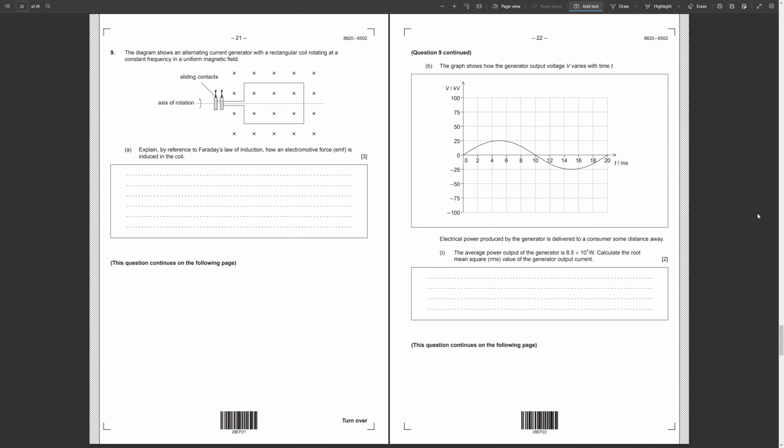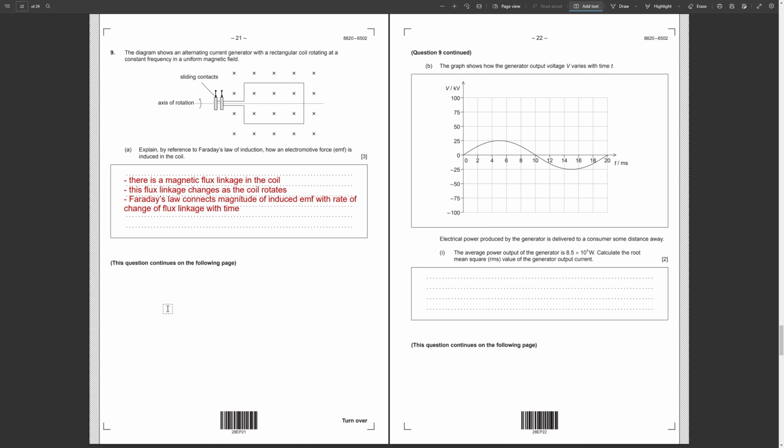In question 9, we have a coil rotating around an axis of rotation, and this spinning coil is spinning within a uniform magnetic field. In part A, you are going to give your answer with reference to Faraday's law of induction, how an EMF is being induced in this coil.